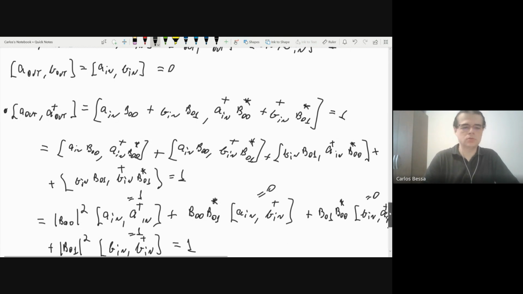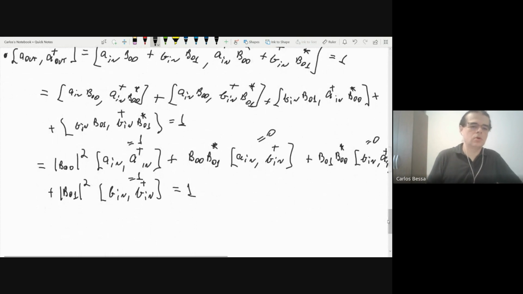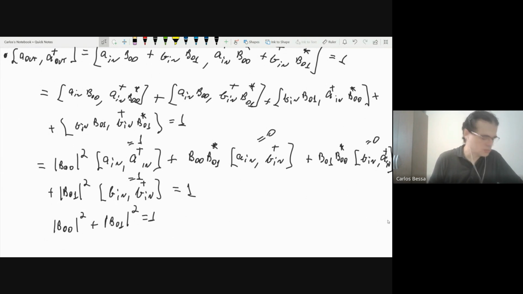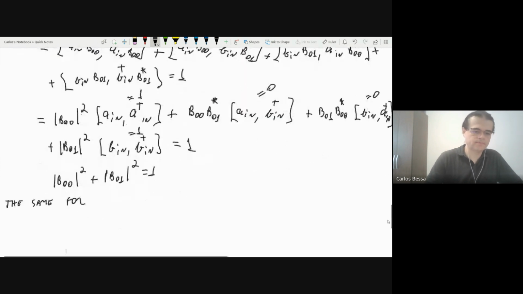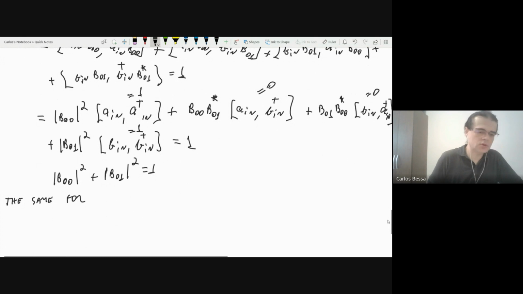So, very nice properties is that B00 square plus B01 square is equal to 1. And we could do the same for B out, B dagger.